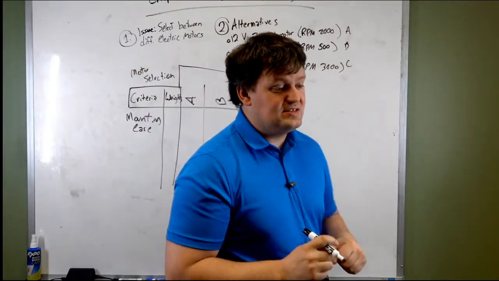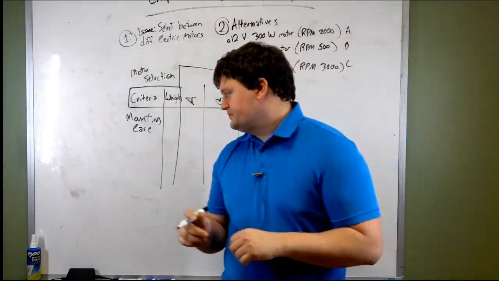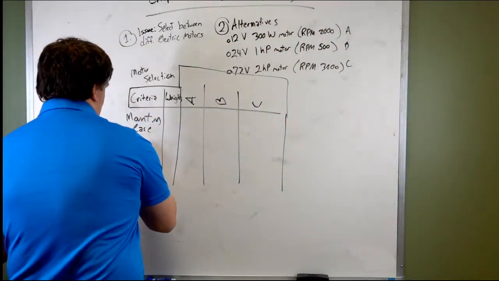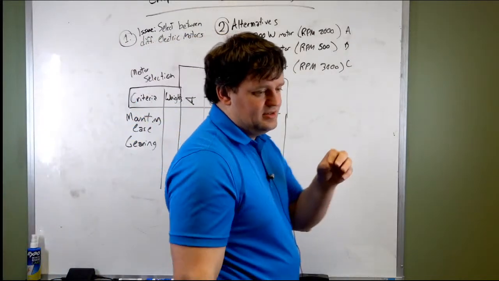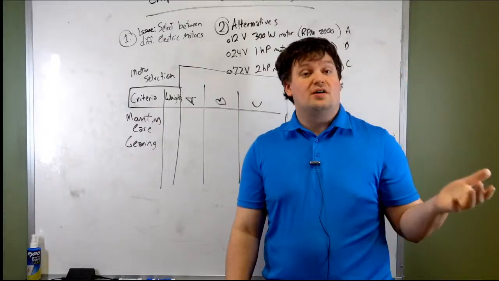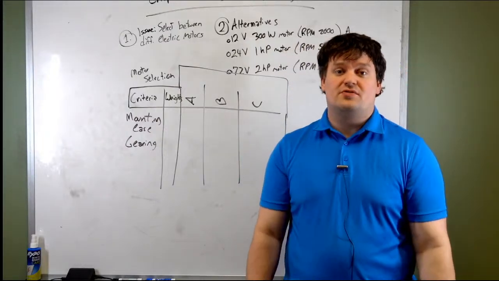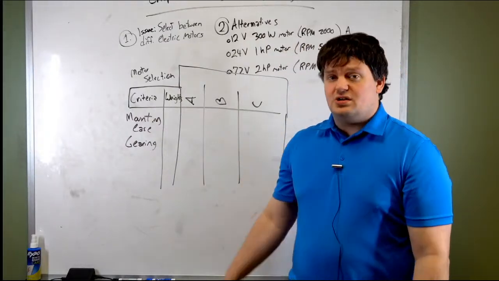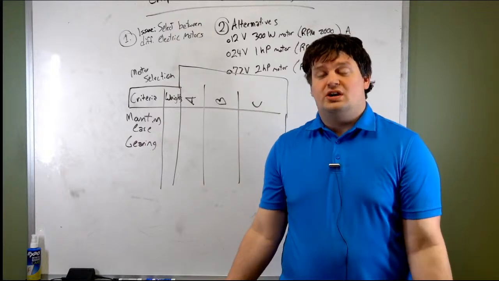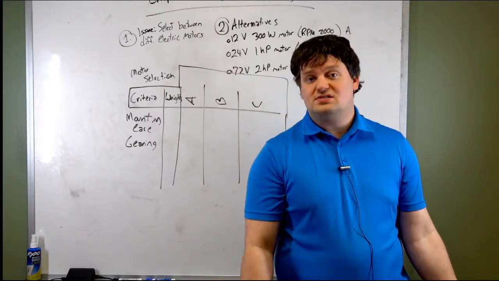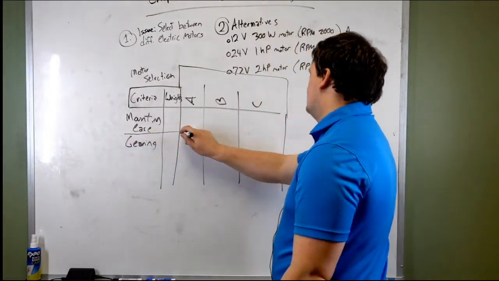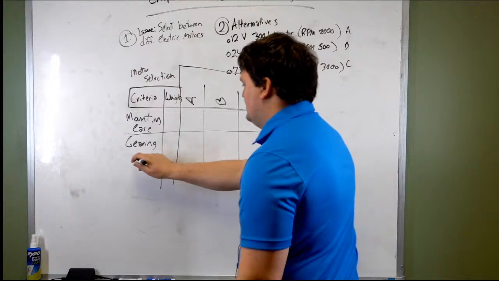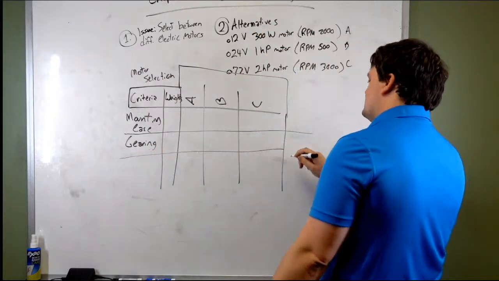Is it going to be something that's easy to install in the system? What about gearing? The higher the RPM, or conversely, the lower the RPM of the motor, the more gearing that you're going to need. And if you have more gearing, that means more inefficiency of the system.